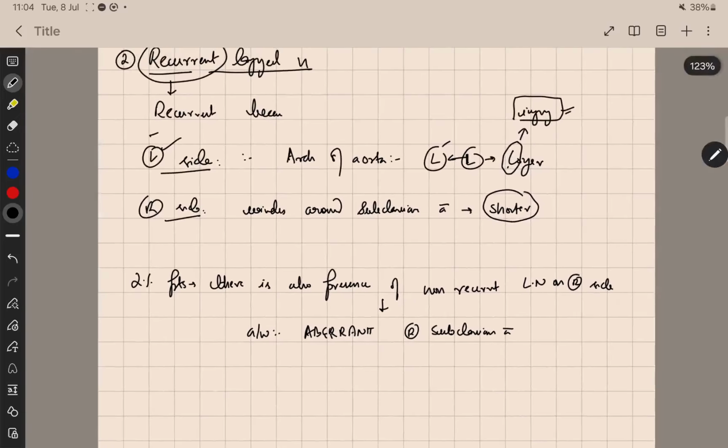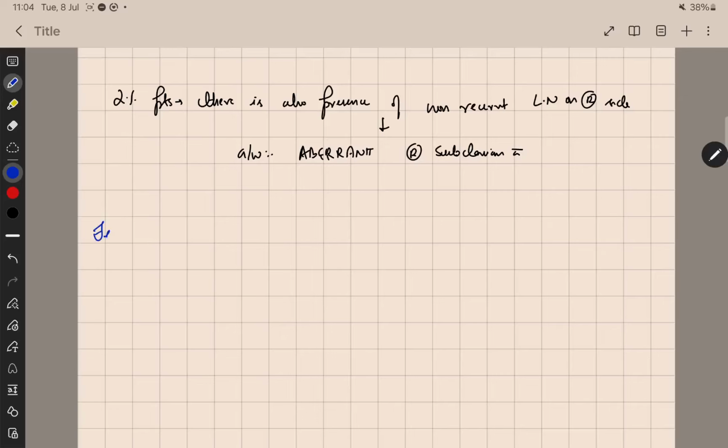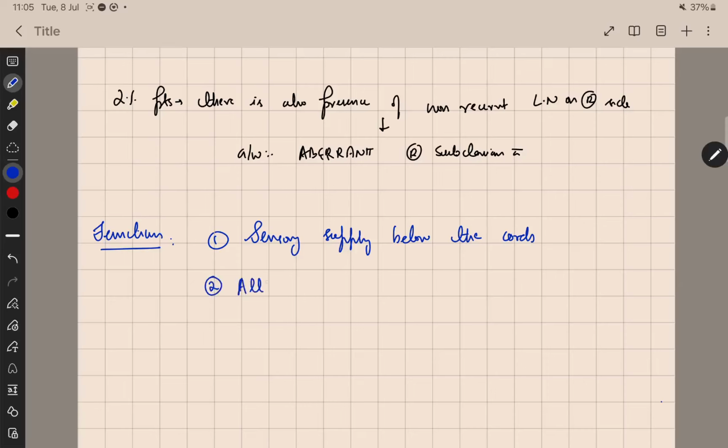So the functions of recurrent laryngeal nerves are: it supplies a sensory supply below the cords, cords meaning vocal cords, and also it supplies all the muscles of the larynx except cricothyroid.